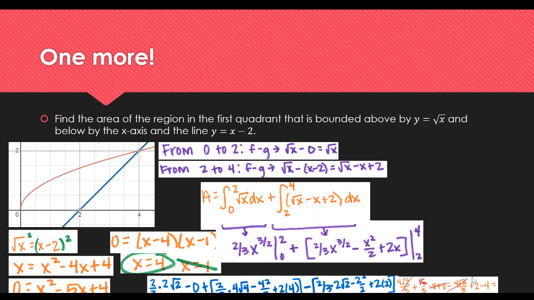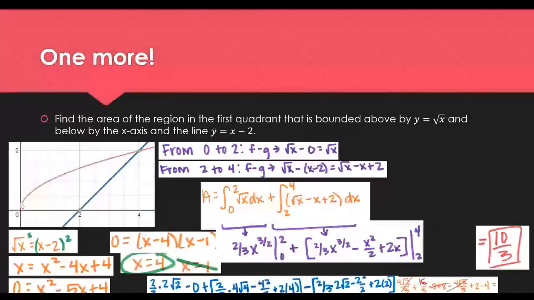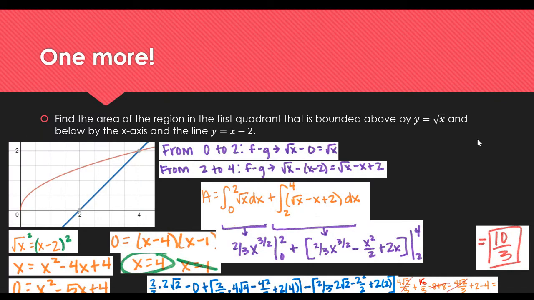And then my third part, where I plug in the 2, I get some cool stuff to cancel out. My 8's cancel, my 4 square roots of 2 cancel, and I end up with 16/3 minus 2 plus 4 gives me 10/3. So the area of this chunk right here is 10/3.